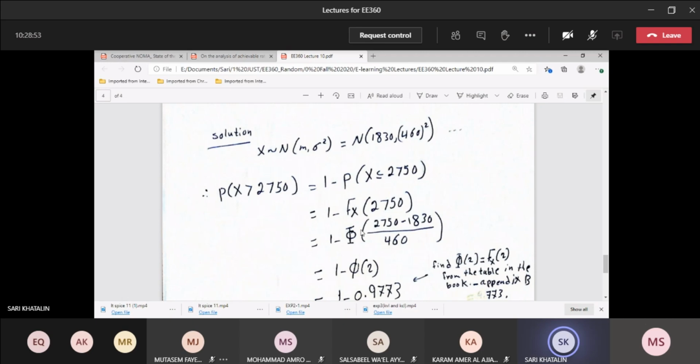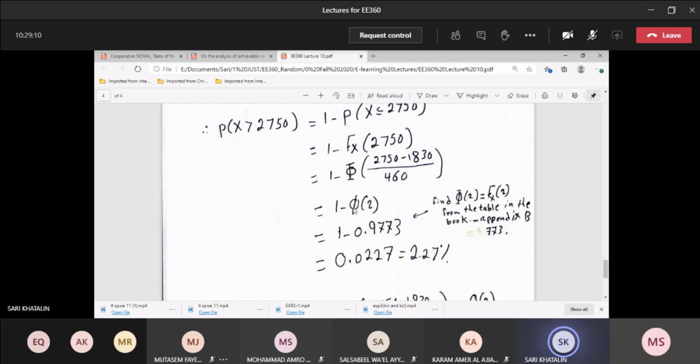In this case, you can represent it in terms of the phi function. So it's going to be 1 minus phi of x, in this case 2,750, minus the mean 1830, divided by 460. When you do the math, it's going to be 1 minus phi of 2.